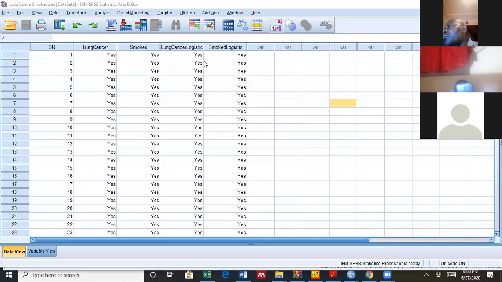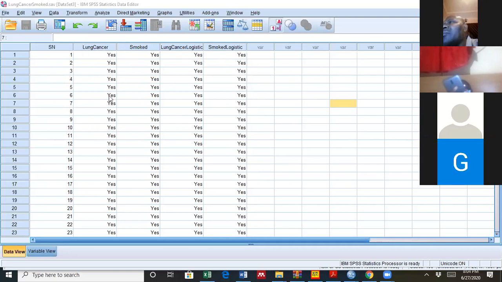So now go to, I want us to see that table. Can you see the first column, people that have lung cancer, people that smoke? But are you sure it's not? What's the title of the file you clicked on? It appears it is the lung cancer smoke. It's not that, it's smoking lung cancer.